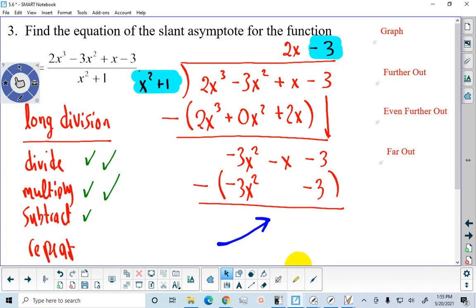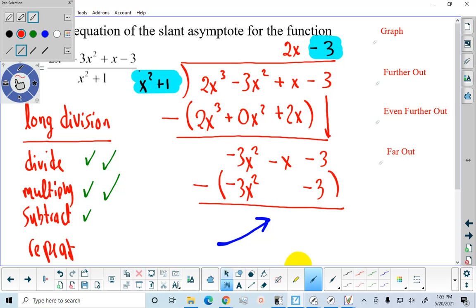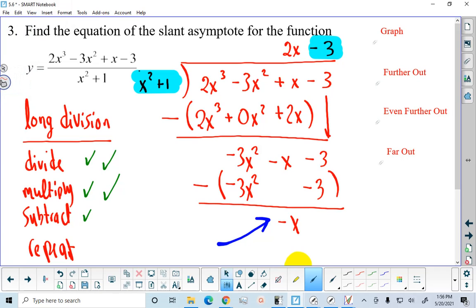You have to, okay? So I also need to take negative 3 minus negative 3, which is 0. So what we're going to end up with is negative x, and then we'll get 0 here. So the remainder is actually negative x. If I had to redo this lesson, and I will, I do not want those constants to cancel in the end, but it doesn't affect the question.